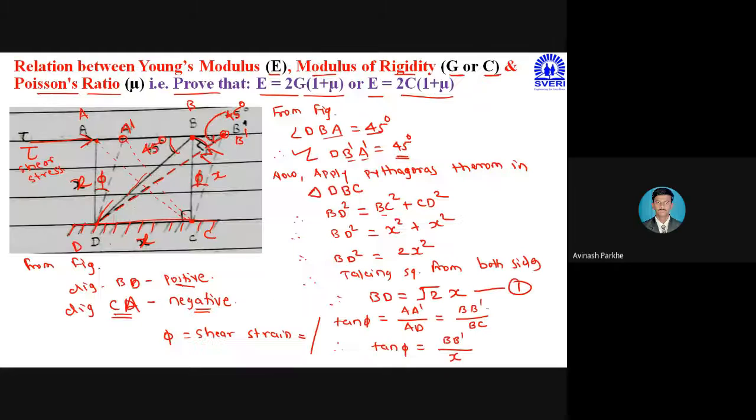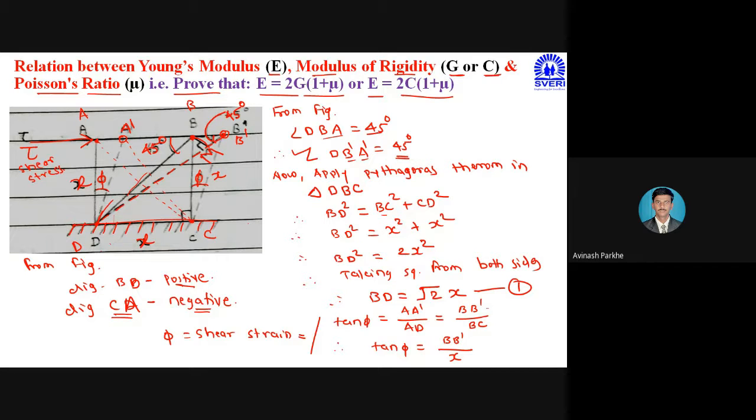So in this particular figure, what will be the adjacent side? Please tell me. The 45 angle is present at the corner. Yes, B dash M, or M B dash, we can consider.